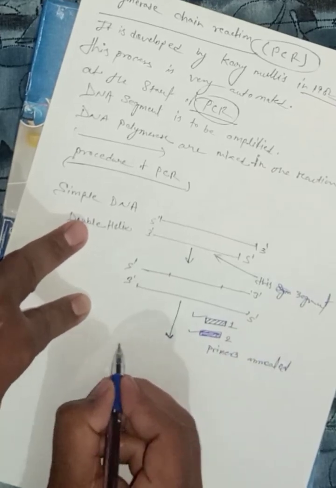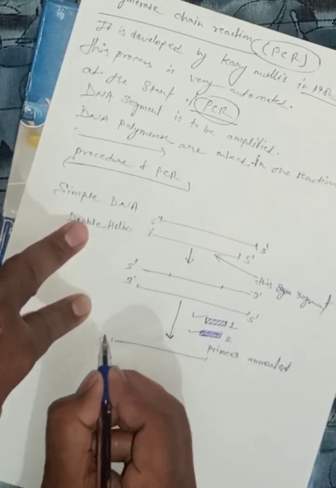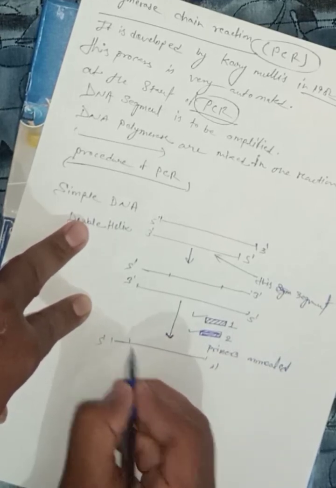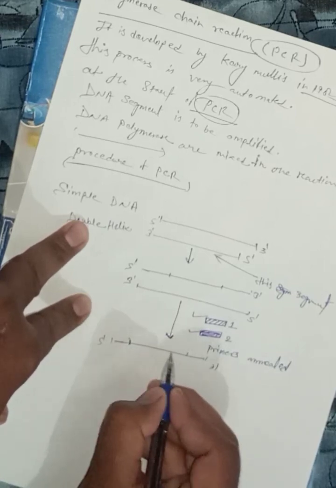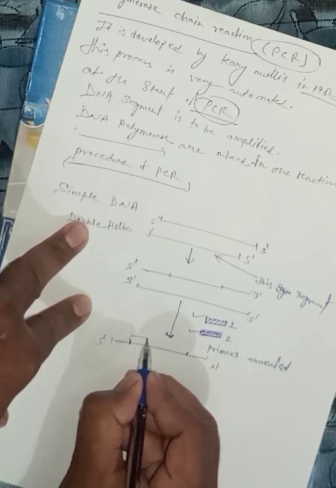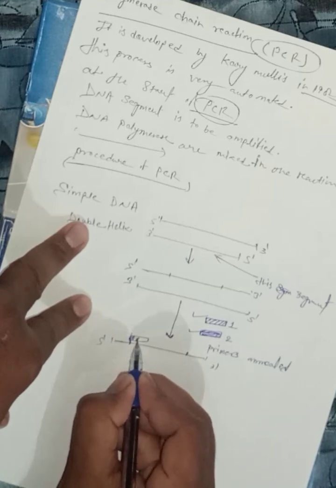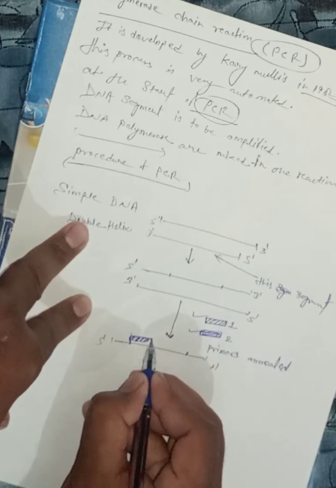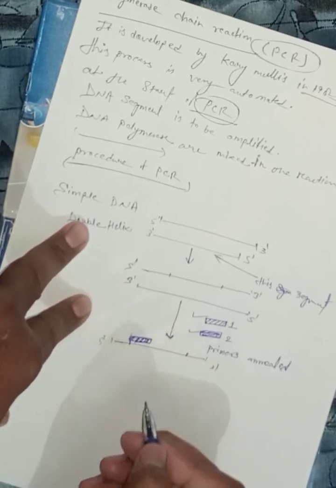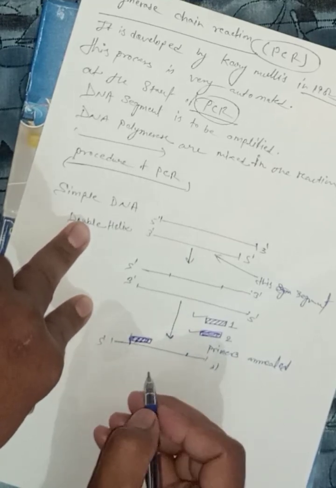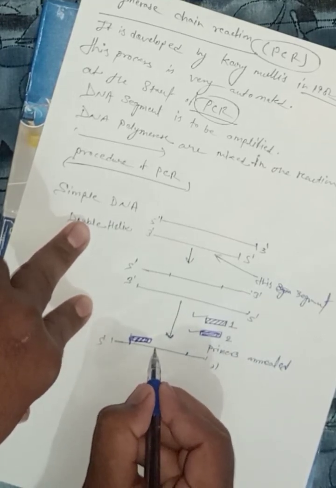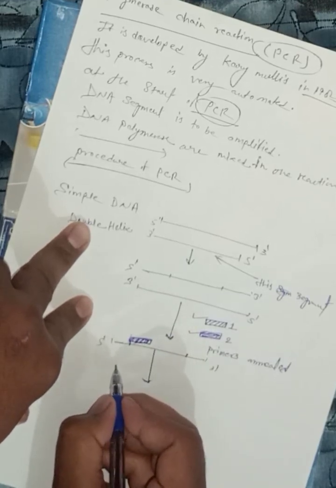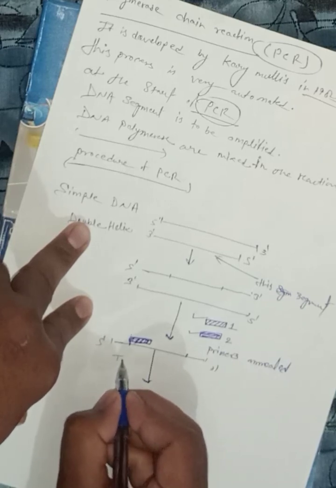The primers are annealed here, to the 5 prime and 3 prime ends. The first primer is added here, and then the Taq DNA polymerase enzyme.